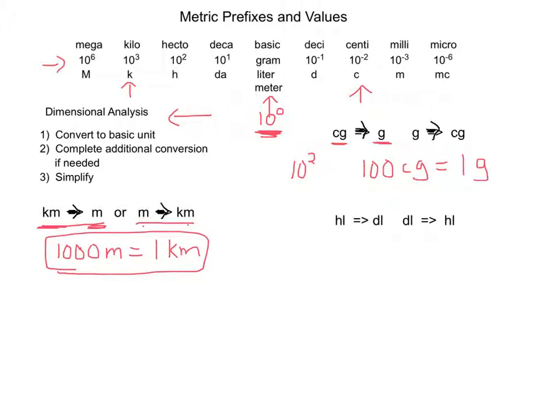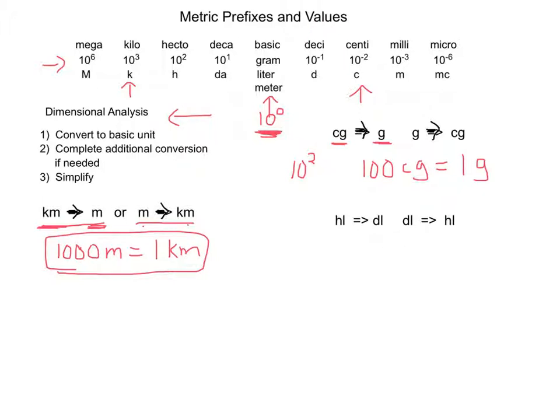Okay, so in this example, where I'm looking at hectoliters to deciliters, I am actually crossing over this basic unit in the middle, in that I have hectoliters on the left side of the basic unit and deciliters on the right side.